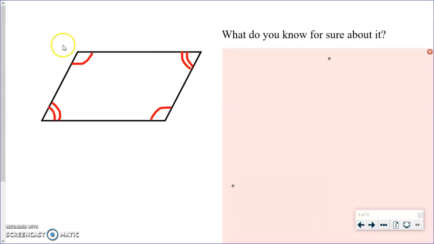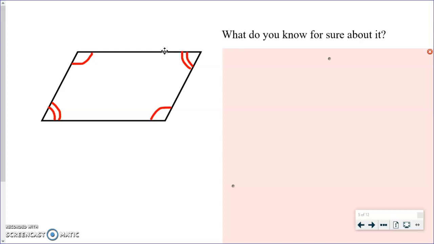Now, it's not a bad idea if you look at it and think about what you think it is just before you get into the properties, to have some idea. Because if it doesn't look anything like a kite, then there's no reason to really try and prove that it's a kite. If you think it looks like a rhombus, then see if you can figure out a way to prove that it's a rhombus. If you think all you can tell is that it's a quadrilateral, then work on that.